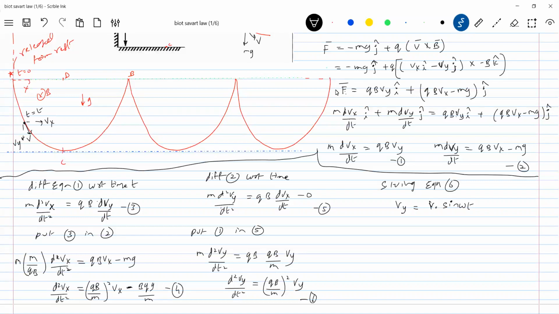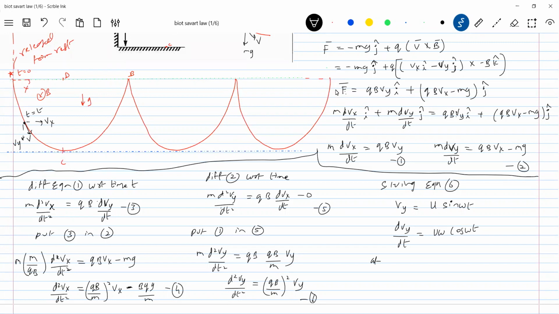V naught is not the initial velocity; it has to be determined. If you want to bring some other symbol, U or something, you write it. Let me write U. Vy equal to U sine omega t. Let me differentiate this. dVy by dt is equal to U omega cos omega t.